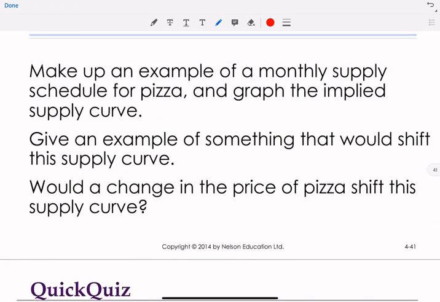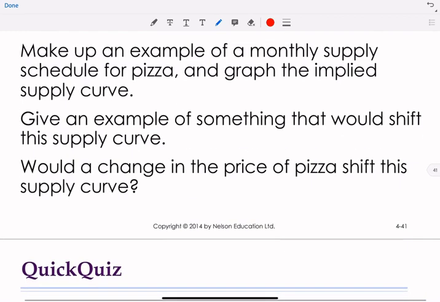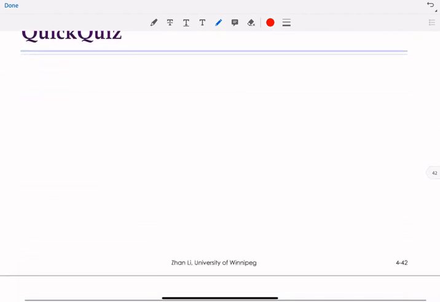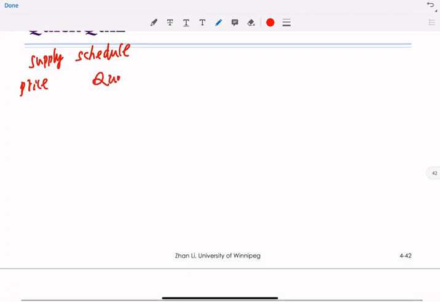Okay, now the first problem says make up an example of a monthly supply schedule for pizza. Right? Okay, let's say we start from a supply schedule. And it's a supply schedule, so we need two things, price and quantity. Now, let's say we're talking about 9-inch pizza, right?